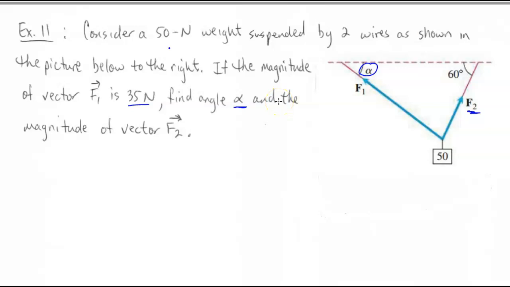So just like we did before, we need to find out our horizontal force balance equation and vertical force balance equation. And so we'll do the horizontal one first. So horizontal balance equation.